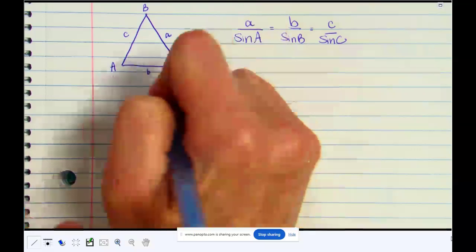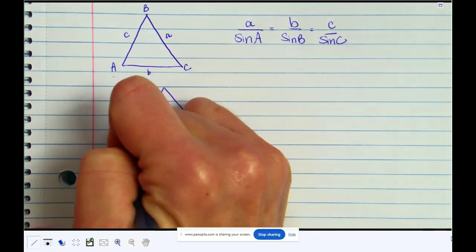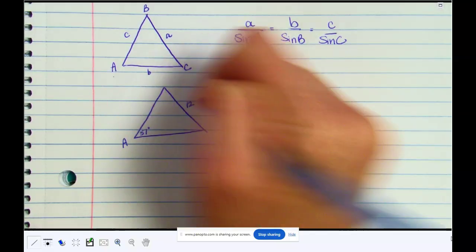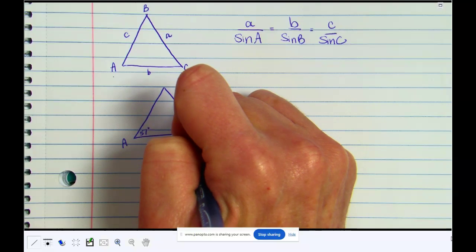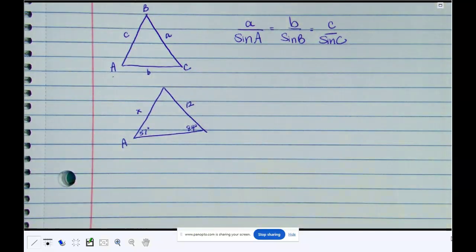It's super easy. So let's say we have A is 57 degrees, and this is 12, and this is 84 degrees, and we want to find X. Now, the most important thing about the law of sines is in order to use it, you have to have a complete pair.